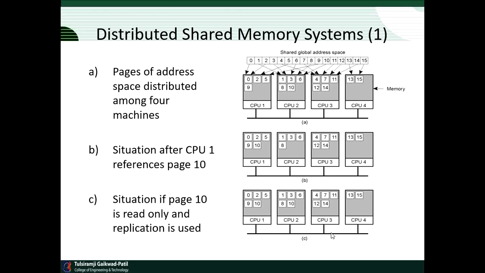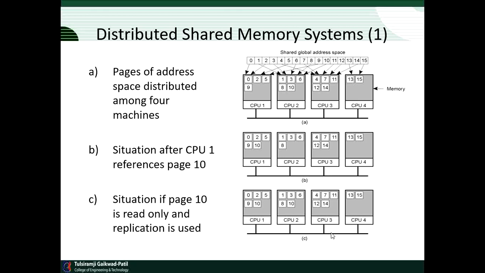The shared global addresses with these 4 machines means we can say that pages of address space are distributed among 4 machines. So machine 1 will get 0, 2, 5 and 6 pages. Machine 2 will get 1, 3, 6, 8 and 10. Machine 3 will get 4, 7, 11, 12, 14, and machine 4 will get 15, 13 and 15.